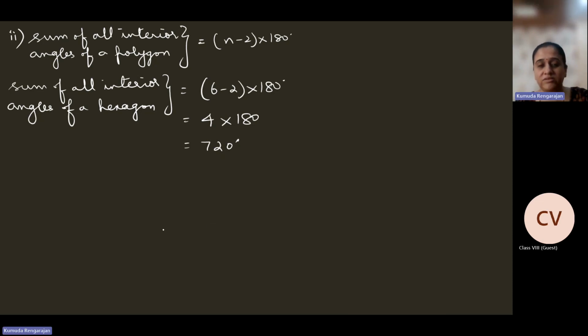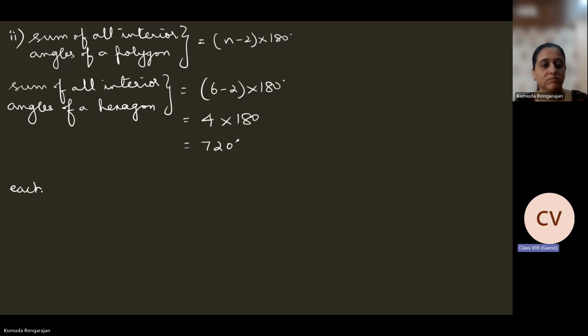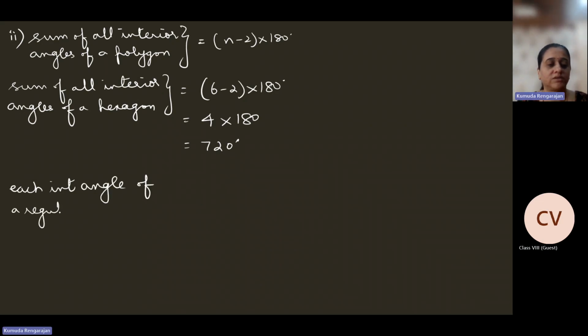Now this one is a regular hexagon. See, it's given in the question. And so each interior angle of a regular hexagon is equal to 720 by 6, which is 120. Correct.